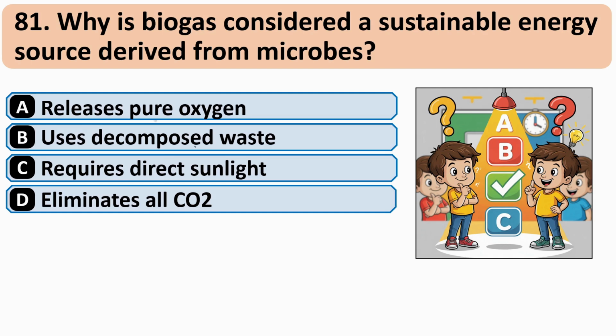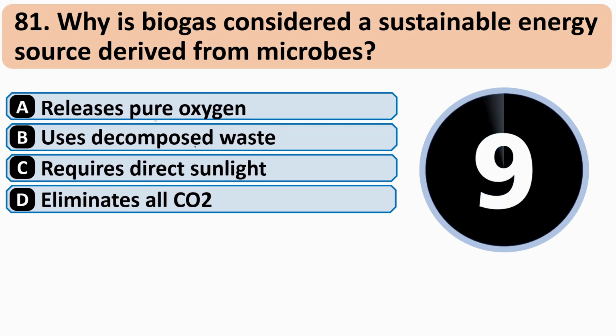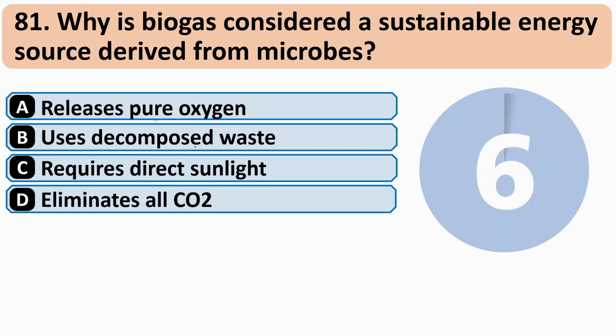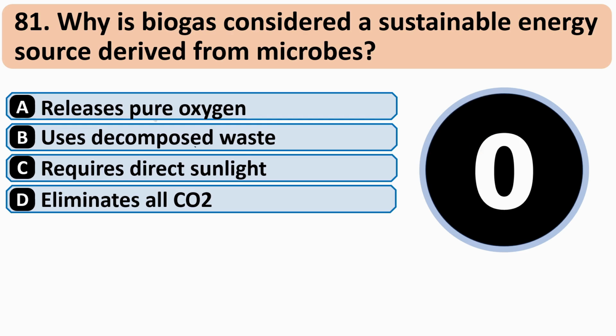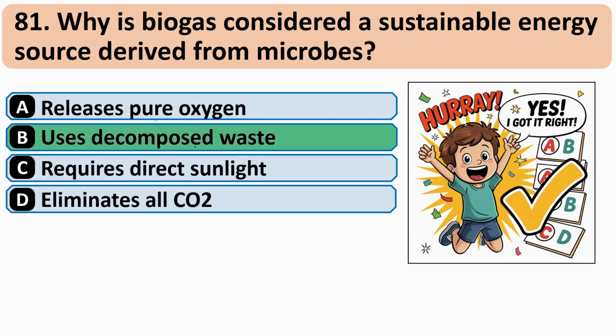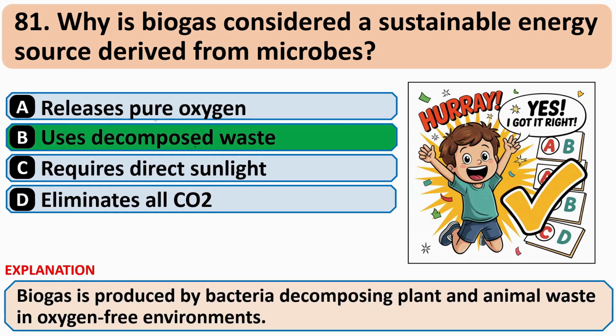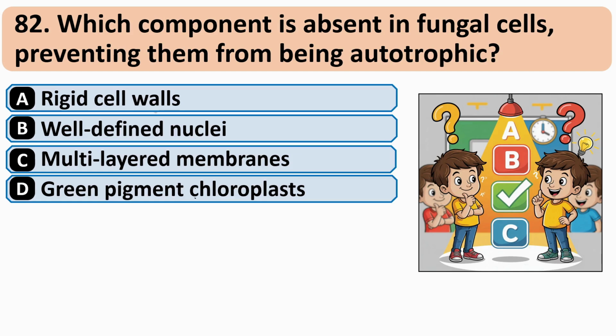Why is biogas considered a sustainable energy source derived from microbes? And correct answer is B, uses decomposed waste. Which component is absent in fungal cells, preventing them from being autotrophic?